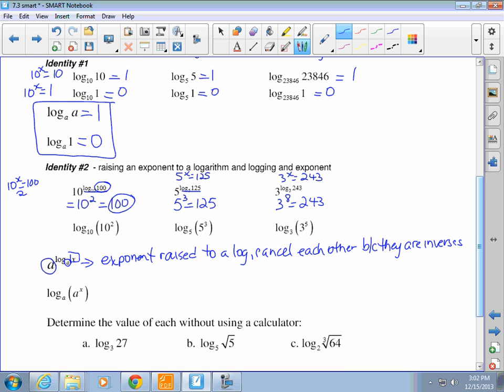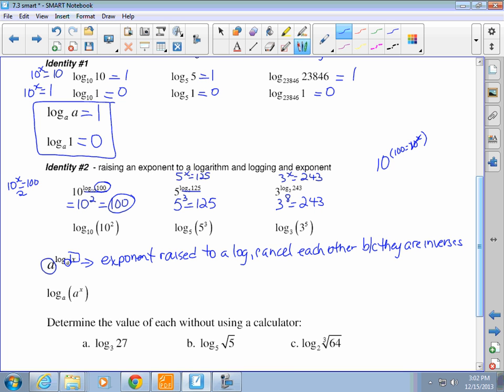So if I look at the first example there, I would have 10 to the power of log base 10 of 100.